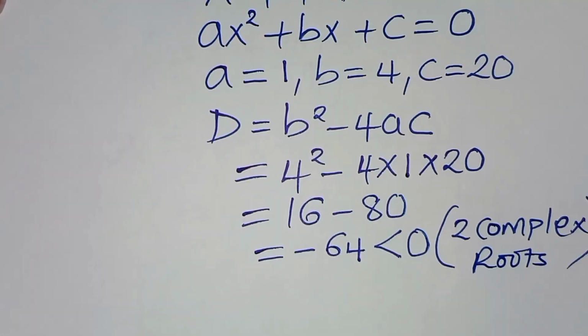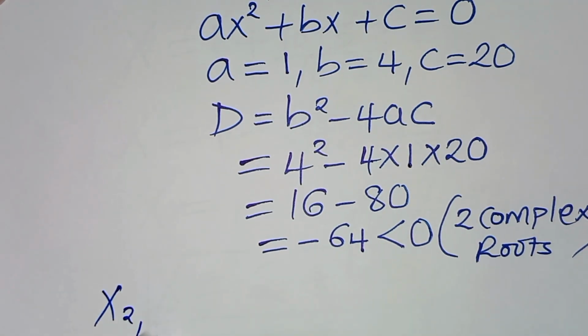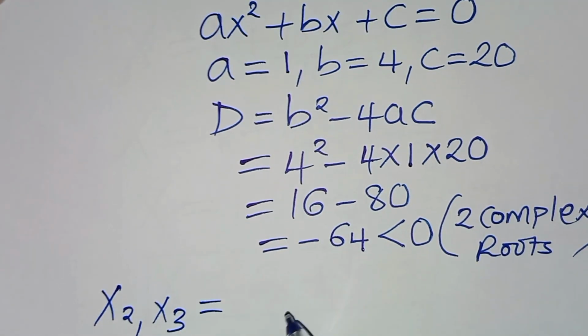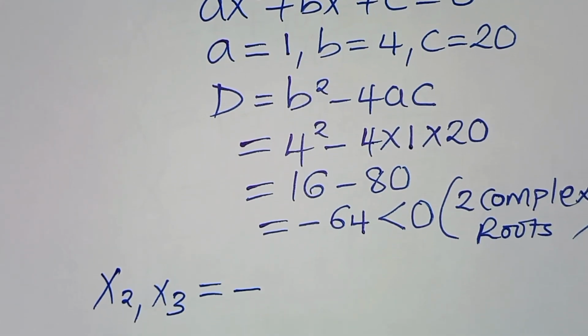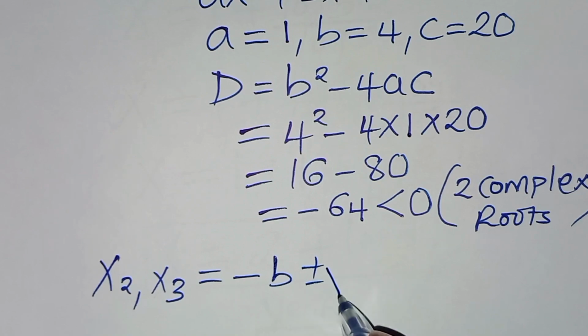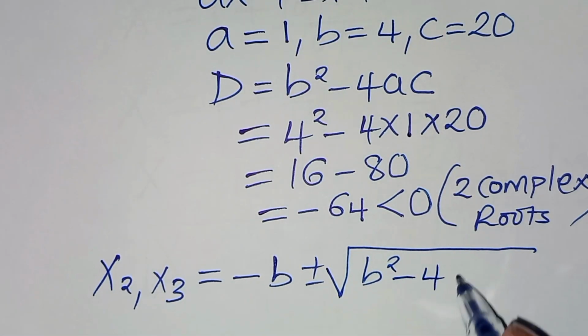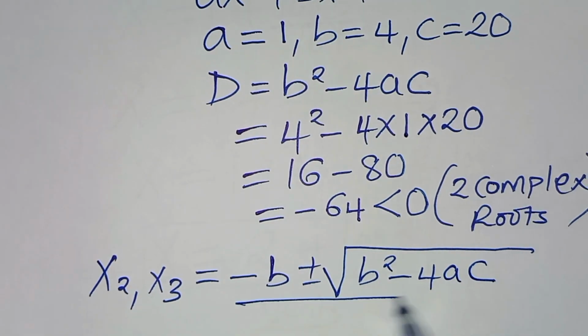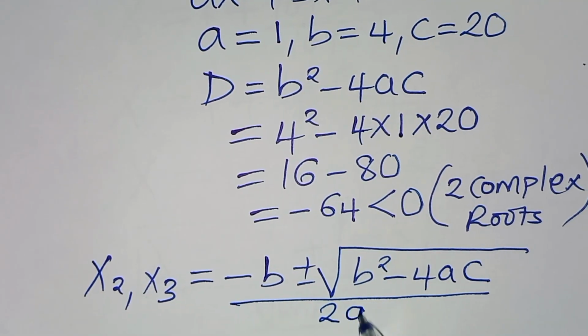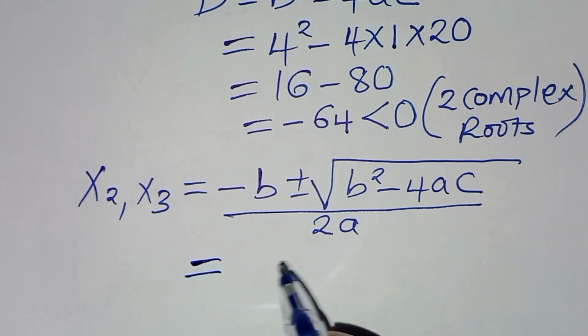And so for these two complex roots, that is x2 and x3, we apply the quadratic formula. That is minus b plus or minus the square root of b squared minus 4ac, all divided by 2 times a. So let's substitute the values of a, b, and c.